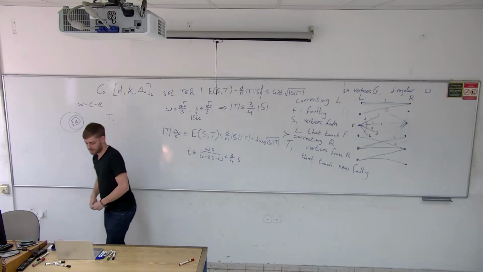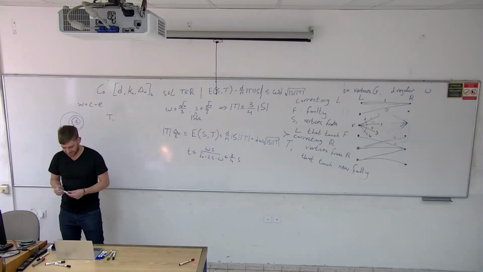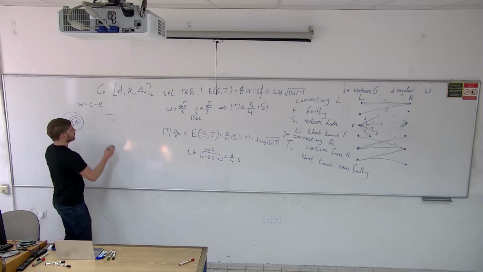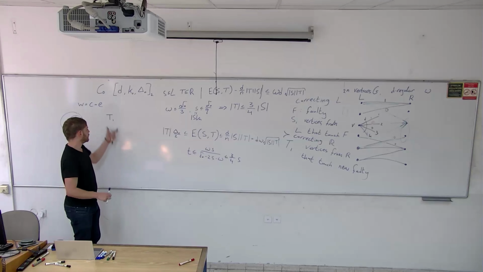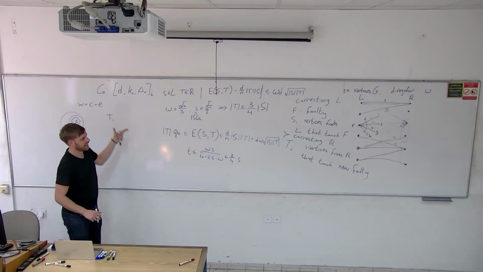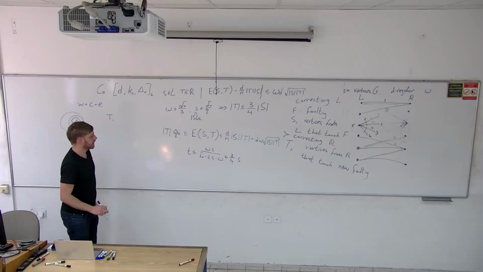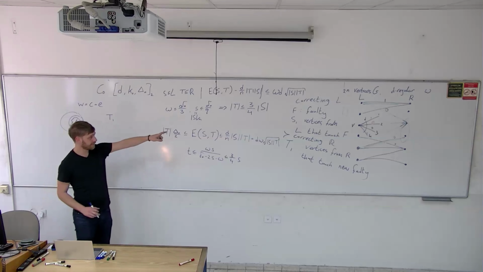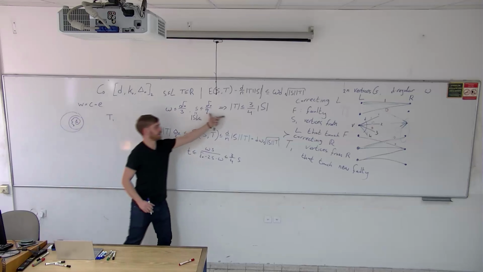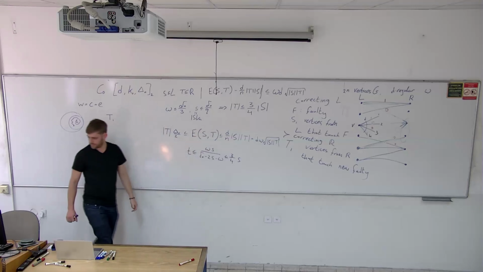I see I'm losing people and we're running out of time. So make sure you understand that each vertex in T1 has to touch at least delta 0 over 2 edges in F. And then this claim ends.